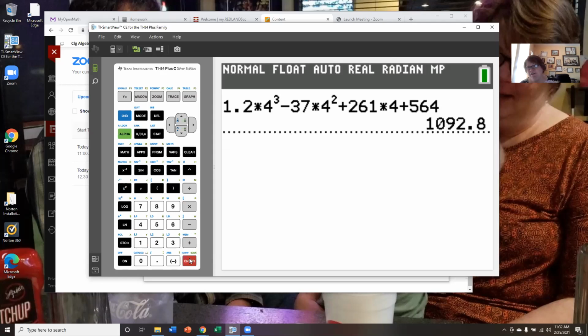So this function evaluated at 4 is 1092.8. I'm going to write that down on my piece of paper.